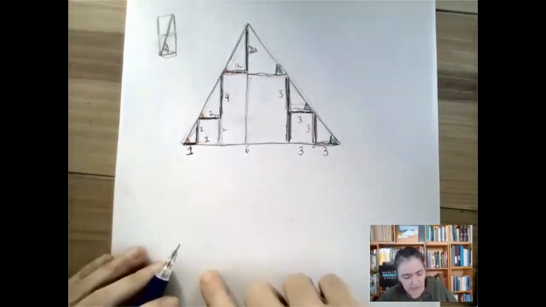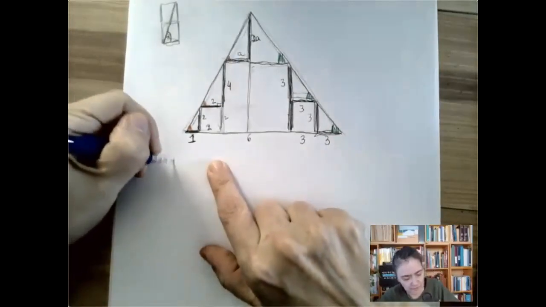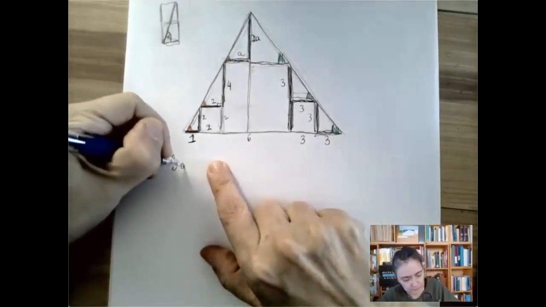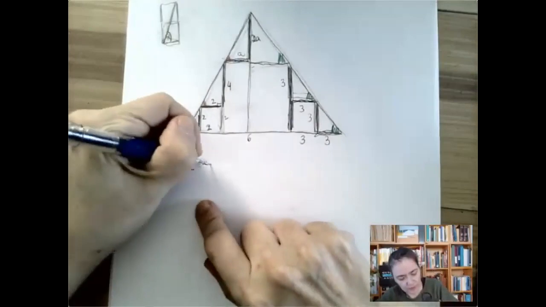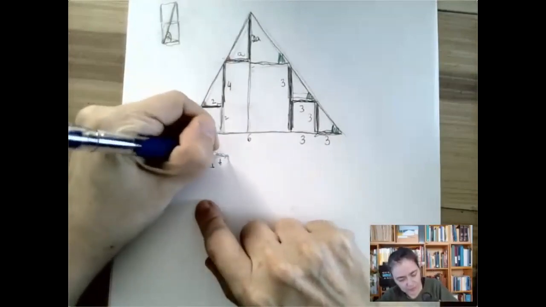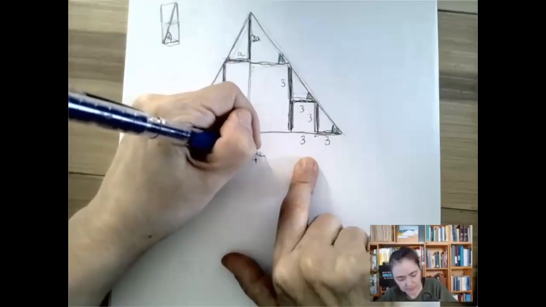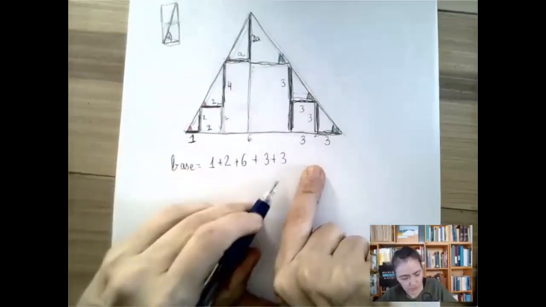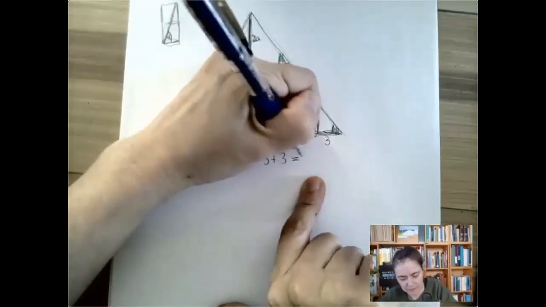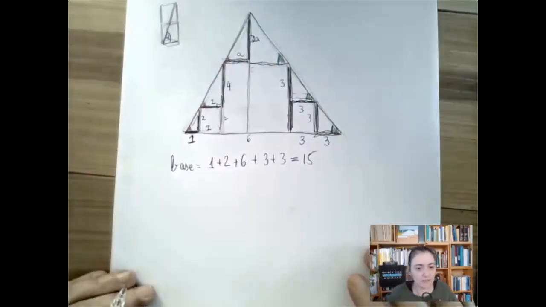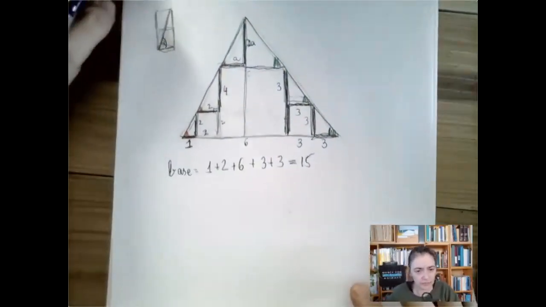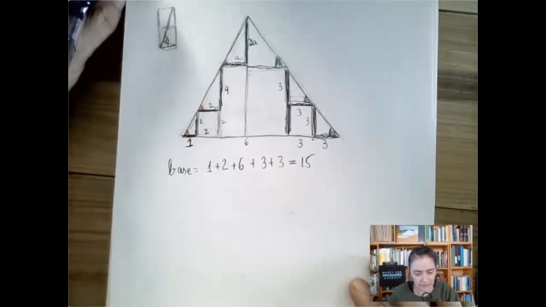So we actually know the base. The base is going to be 1 plus 2 plus 6 plus 3 plus 3. So 12 plus 3, that's 15. So we already know the base, it's 15 units long. We just have to figure out the height.